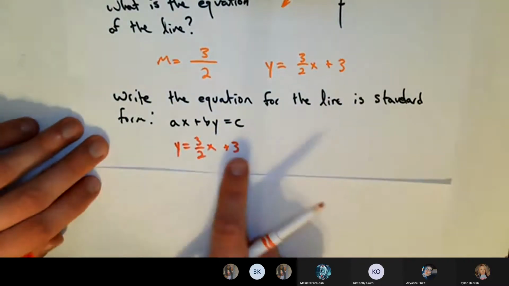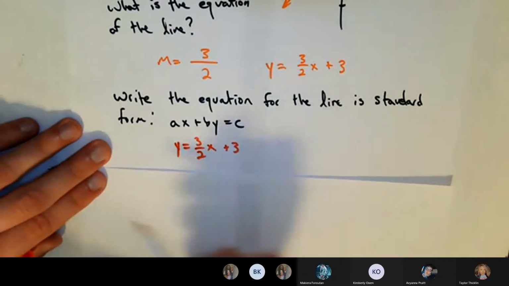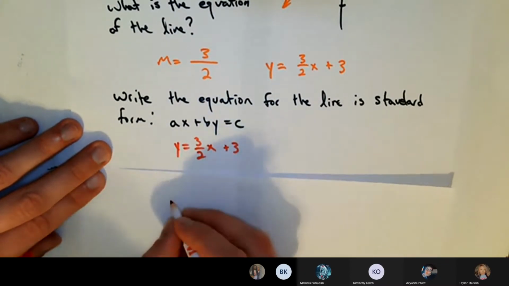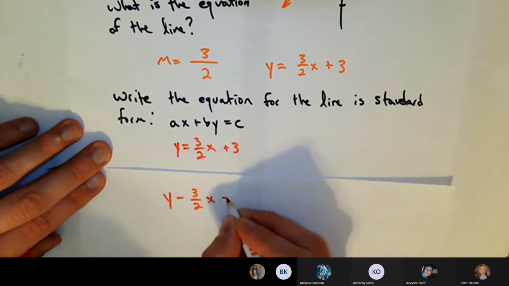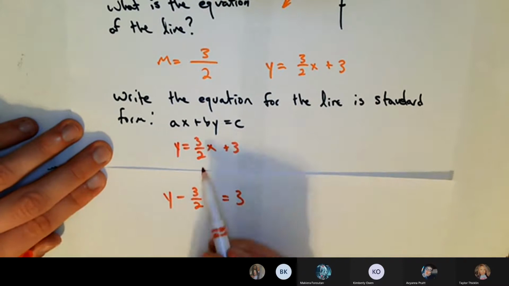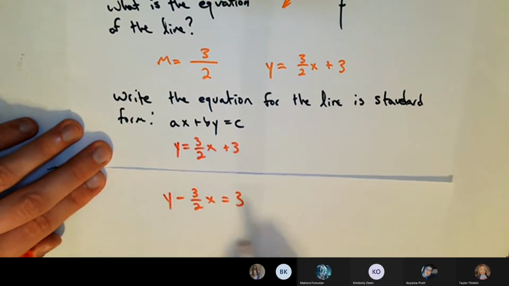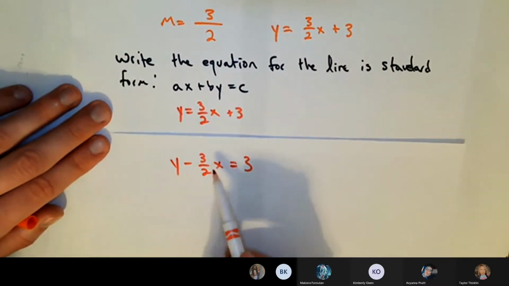I want the x's and the y's on the left-hand side, so I'm going to subtract the 3 halves x from both sides. So y minus 3 halves x is equal to 3. It just scoots it across the equal sign. The 3 is still positive.